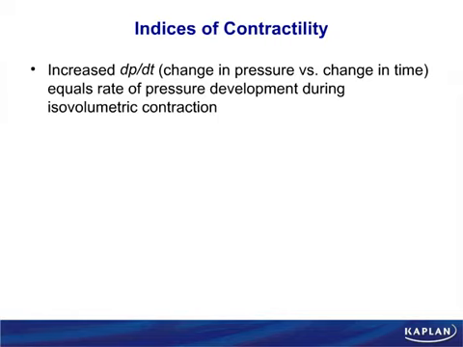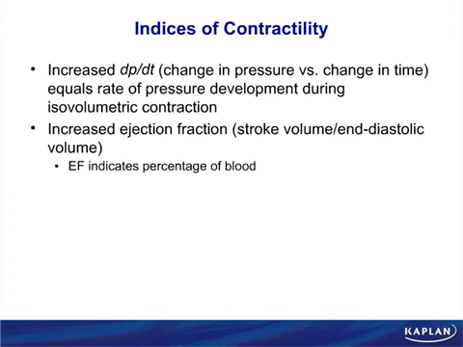Another one that you're going to use and see a lot on Step 1 will be ejection fraction. Ejection fraction is a marker of contractility. Ejection fraction is calculated as stroke volume divided by end diastolic volume. Now let's think about what that says. End diastolic volume is how much blood I have before I contract.